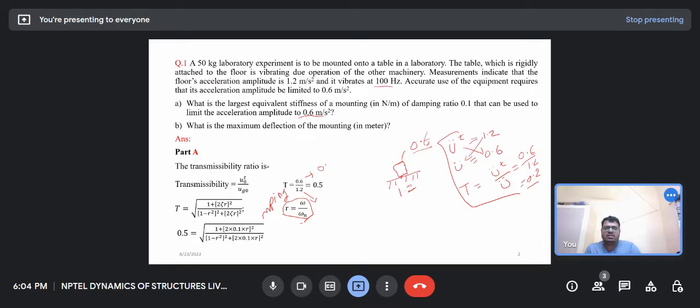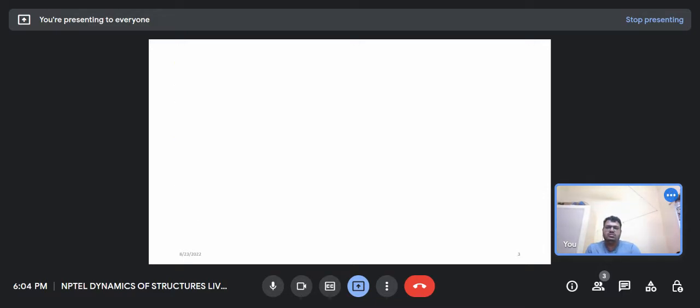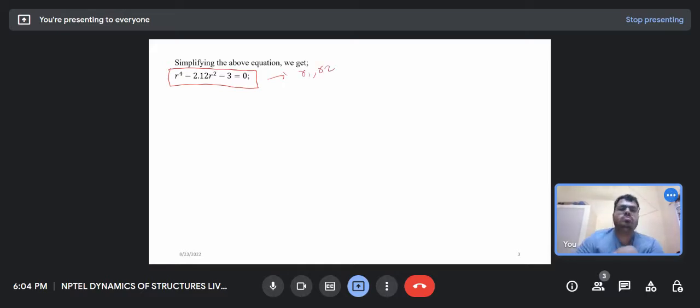First square both sides, and after squaring you will get a fourth-order polynomial equation. If you solve this equation you will get 4 roots, r1, r2, r3 and r4.